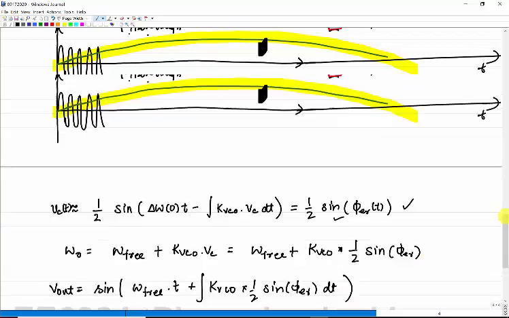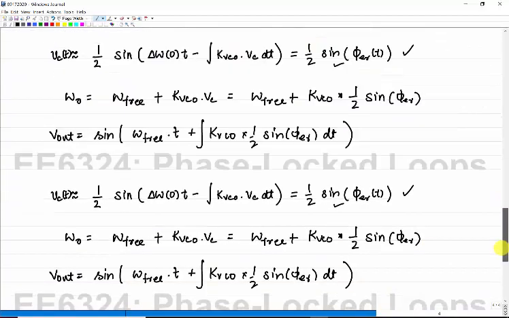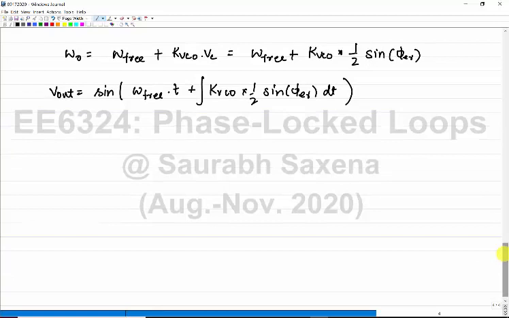This is how your signals change. And your frequency is also changing in a sinusoidal manner.